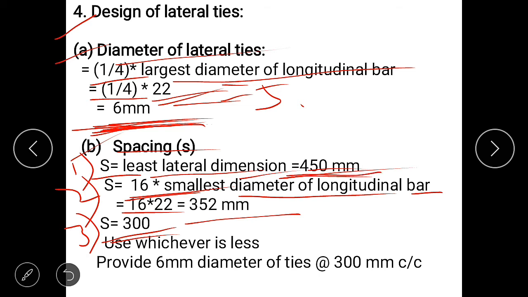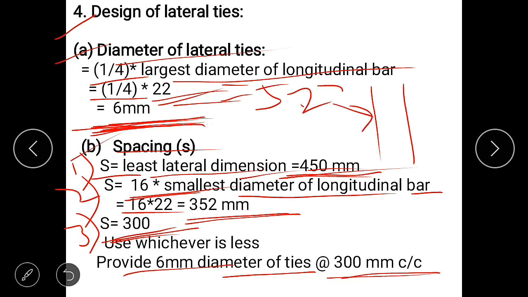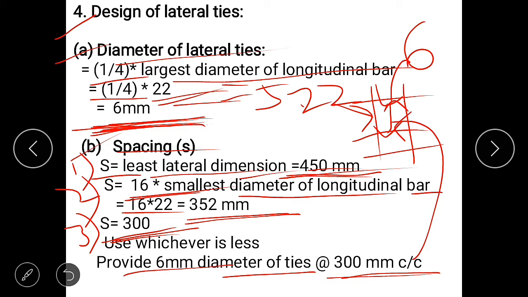So from 450, 352 and 300, use whichever is less. 300 mm is less. So provide lateral ties of 6 mm diameter and consider 300 mm center to center spacing. Here the longitudinal bar diameter is 22, the lateral ties are 6 mm diameter, and the spacing between these ties is 300 mm. Okay.